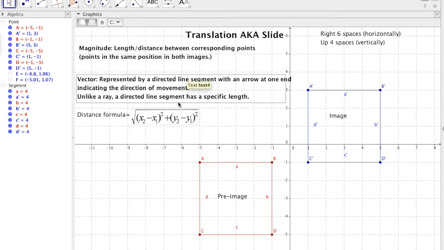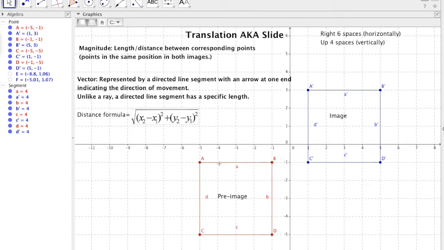Now, a few terminologies that you will be able to represent and get to know and identify yourself with are vector and magnitude. In order for us to translate this square over to basically over here or anywhere we want it to be, keeping and preserving the angle measurements, keeping them 90 degrees, and the length of the segments.